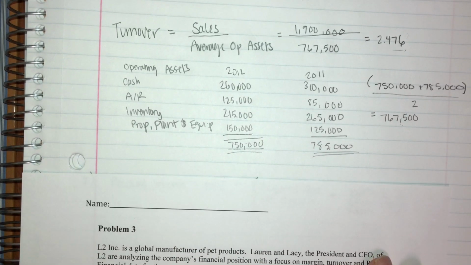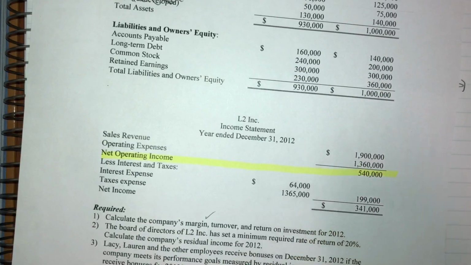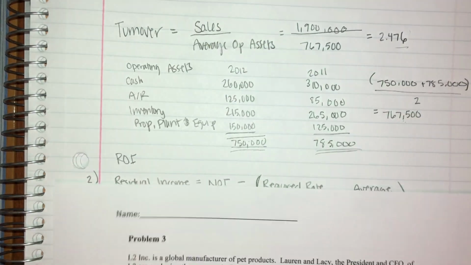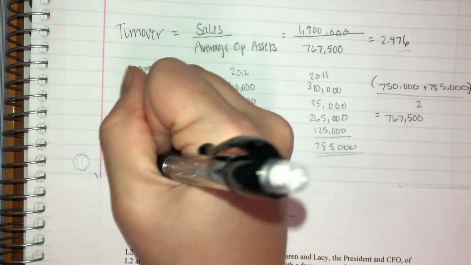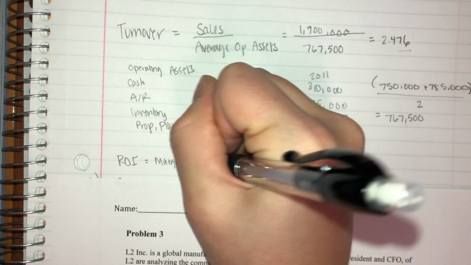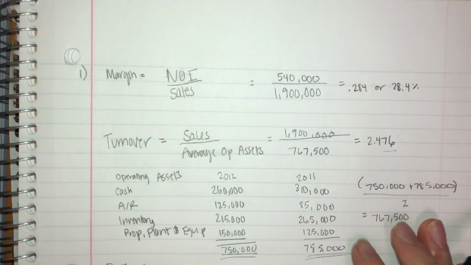Okay, the next thing we want to do is return on investment. We did turnover, now we want to do return on investment. We're going to write that formula right here. Return on investment is going to be margin times turnover, and we calculated both of those numbers.